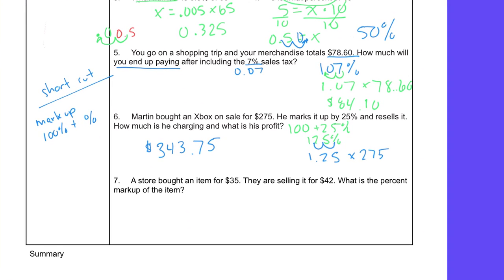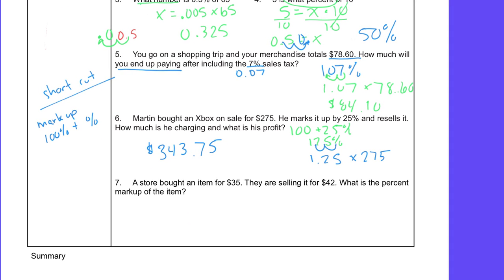Okay. And number 7, a store bought an item for $35. They are selling it for $42. What is the percent markup for the item? All right, so this one's a little bit backwards. They're not giving us a percent, they're giving us the new total.